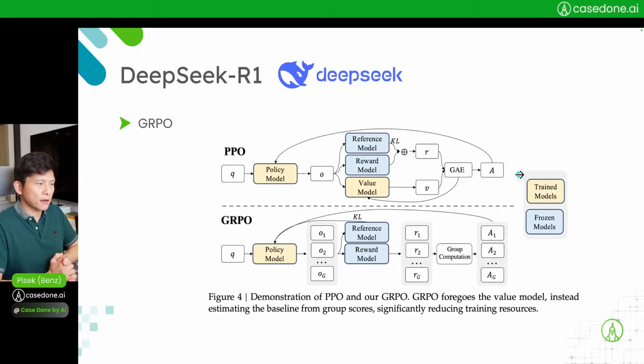That's a term in reinforcement learning, but essentially you need to train this model to get the A value, which will then be used to update your model. And this is where the computation cost is, because you need to backpropagate the errors and update these models. Now, for GRPO, the team proposed a different way of calculating the A's without relying on the value model. So in this GRPO training scheme, you only need to train the policy model.